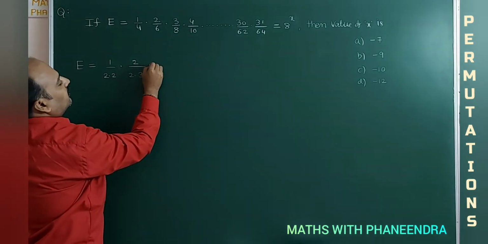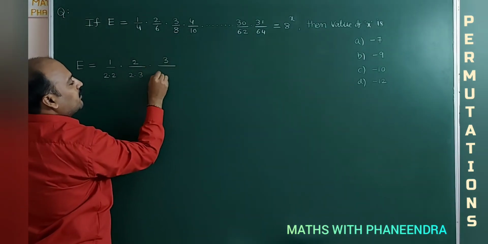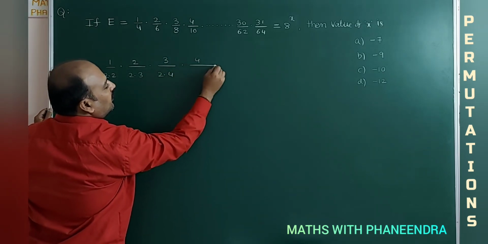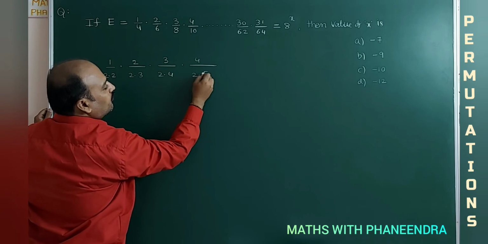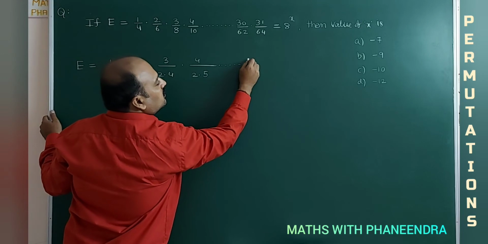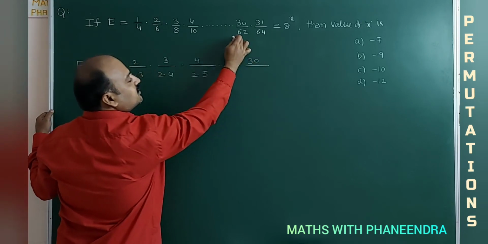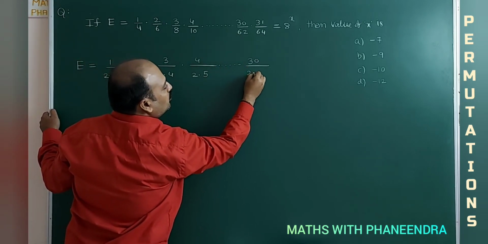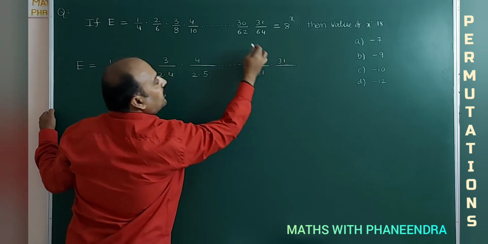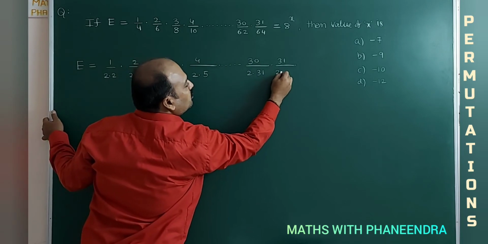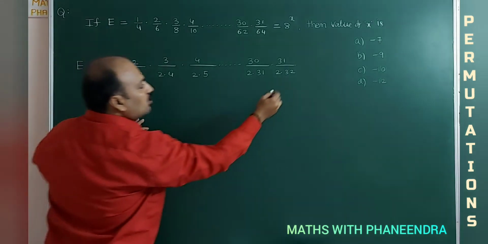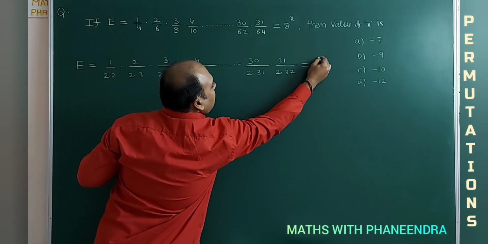Similarly 3/8 can be written as 2 × 4, 4/2 × 5, and so on, 30/62 in terms of 2 × 31, and 31/64 can be written as 2 × 32. That is equal to 8 power x.